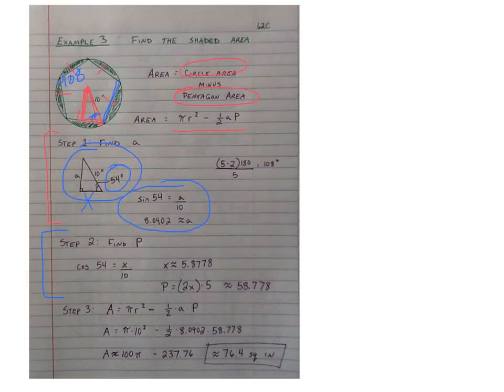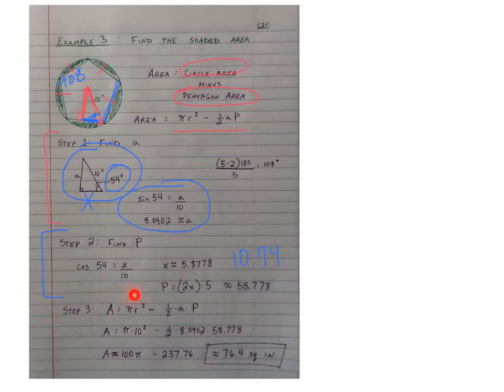And that gave me a value of 5.8 for the x, which is half of the side length, which means the total side length would be double that. So approximately 10 point, what is that, roughly 10.74, I think. Ultimately, we double it and then multiply it by 5, and we get a full perimeter length of 58.778.